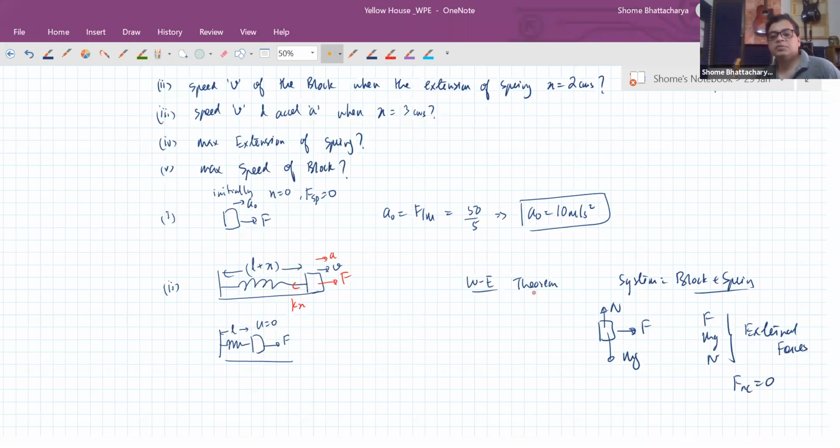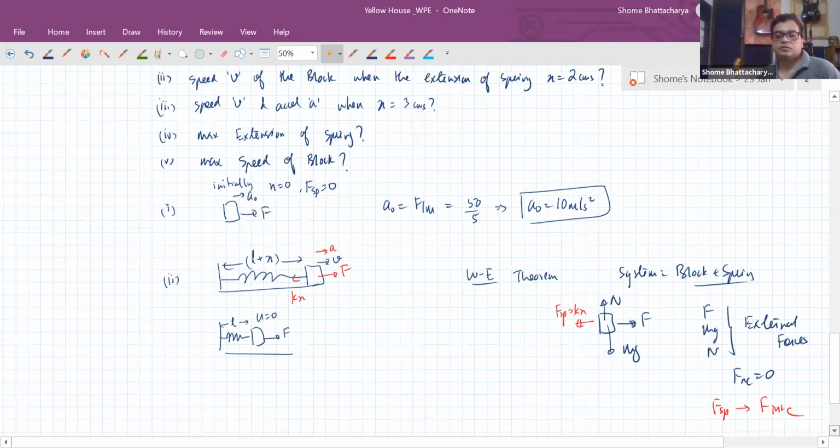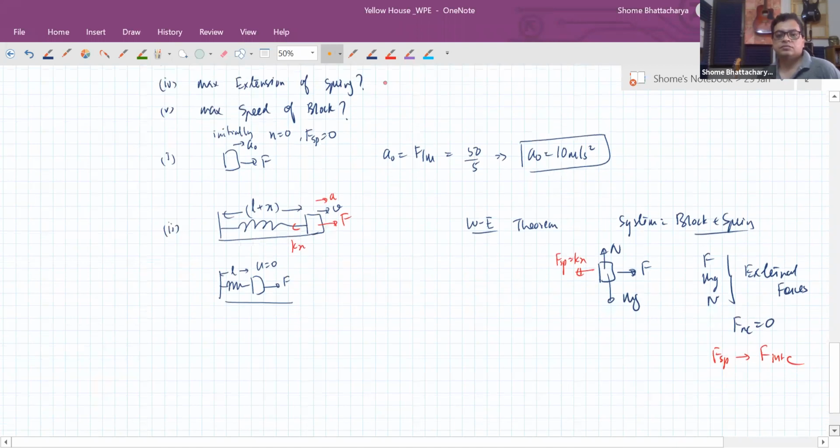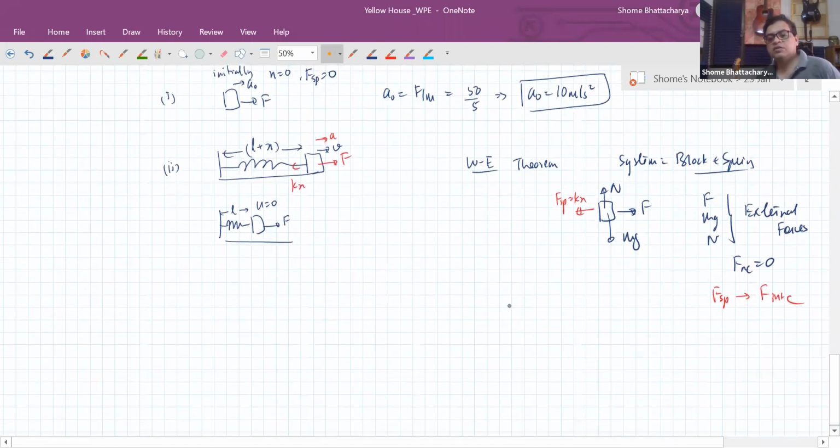And the spring force is your internal conservative force. So when you write your work energy theorem: work done by external force plus work done by non-conservative force is equal to change in kinetic energy plus change in elastic potential energy of the spring.